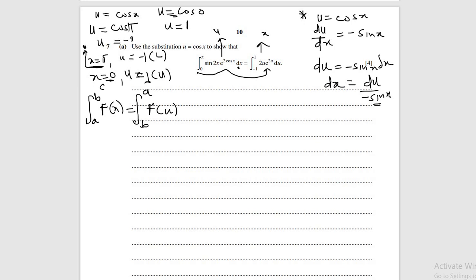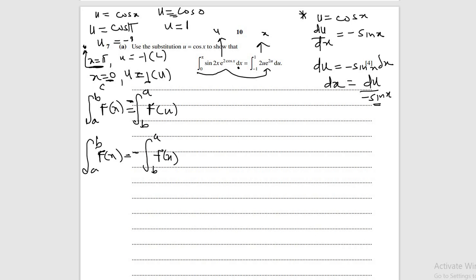In that case, here will be negative. That is the rule. Let me write it. The rule states that the former upper limit of a function, when it's swapped, will change, it will be negative. Okay, I think that's the key.